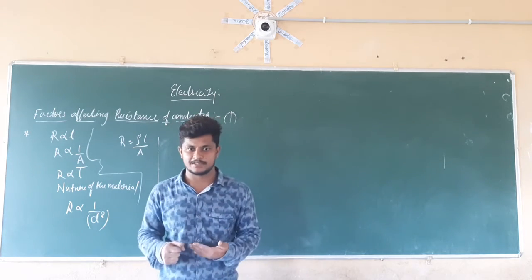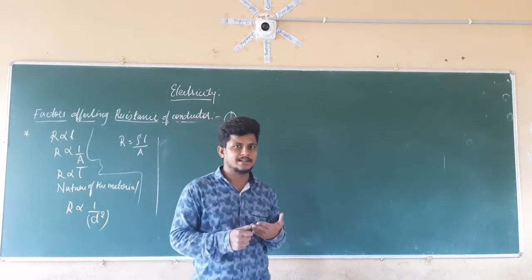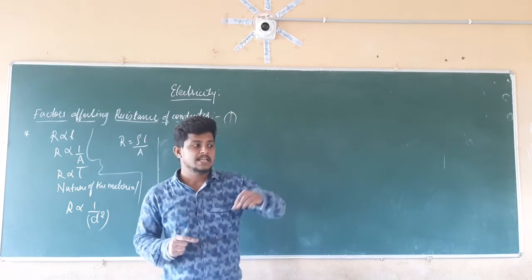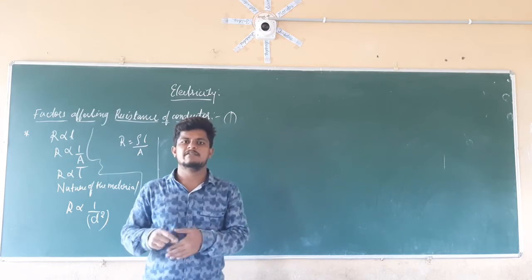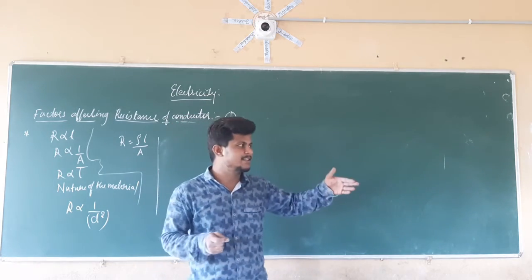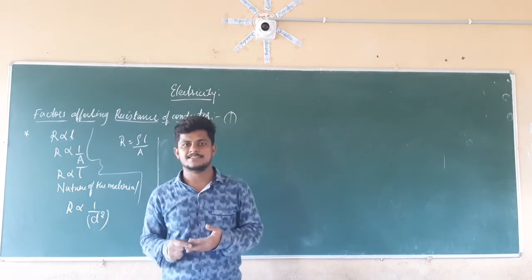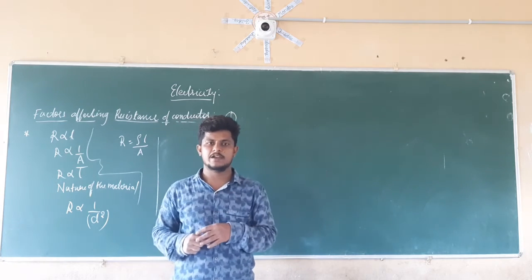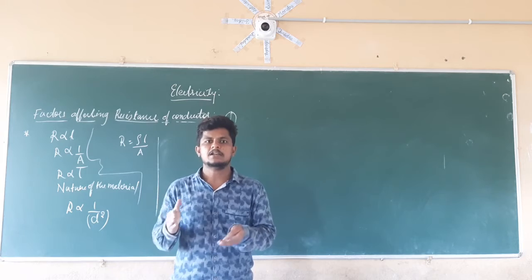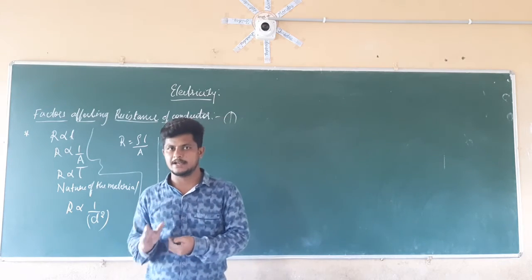If the resistivity of the conductor is very low, it is a good conductor of electric current. If the value of the resistivity is very high, it is a bad conductor of electricity, or we can say that it is an insulator. By using those values, we differentiate good conductors from bad conductors.